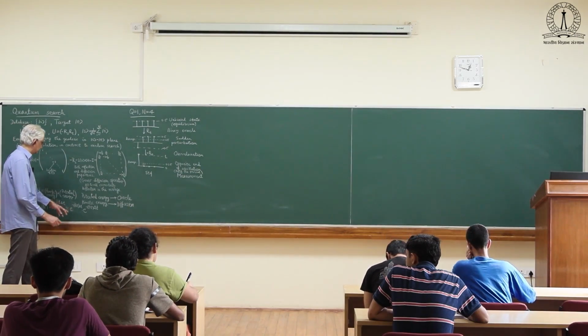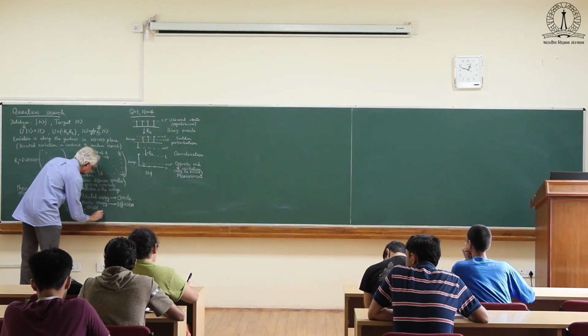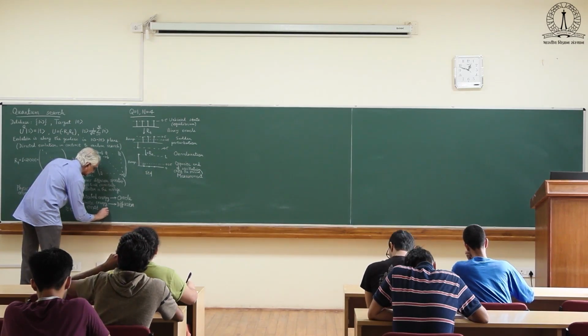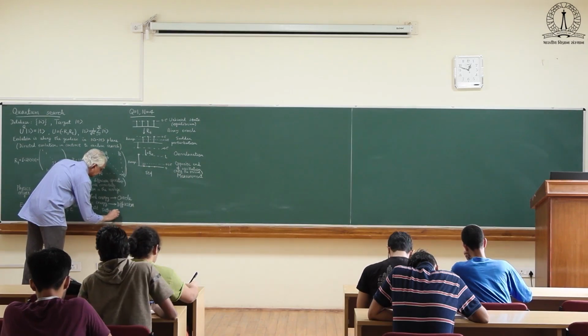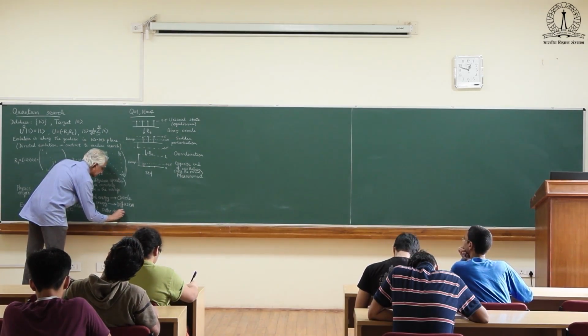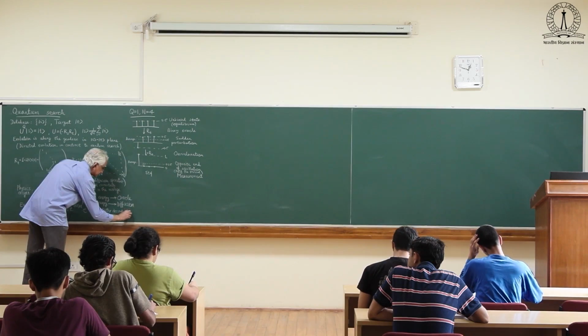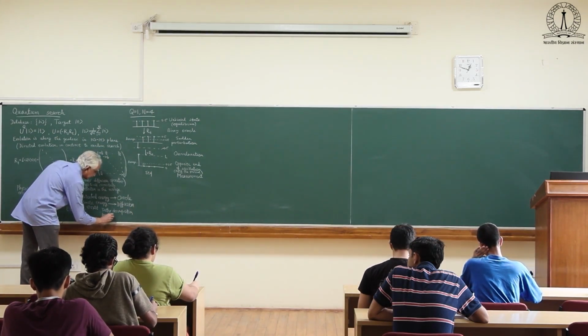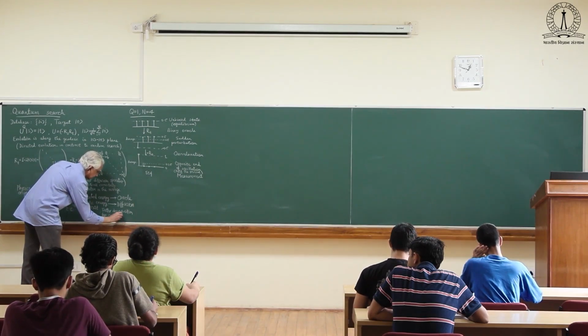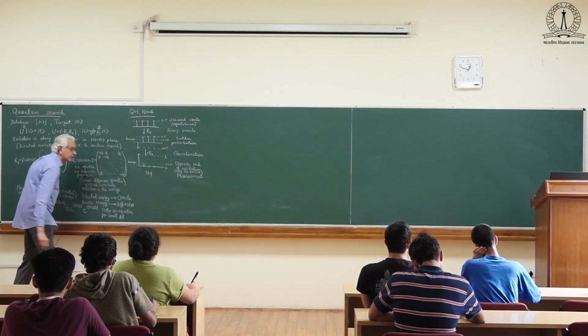So this is what is known as a Trotter decomposition for the evolution time, which is small.